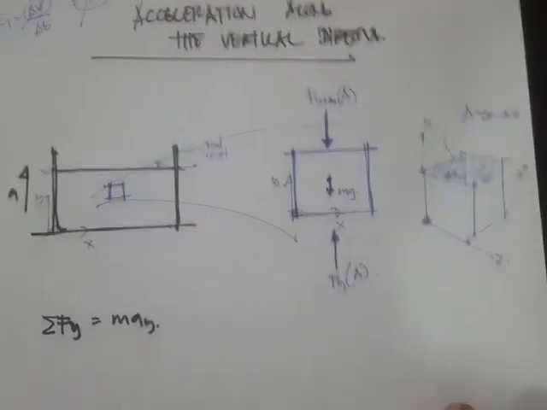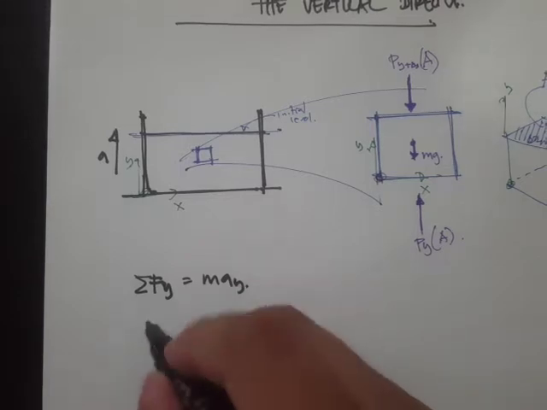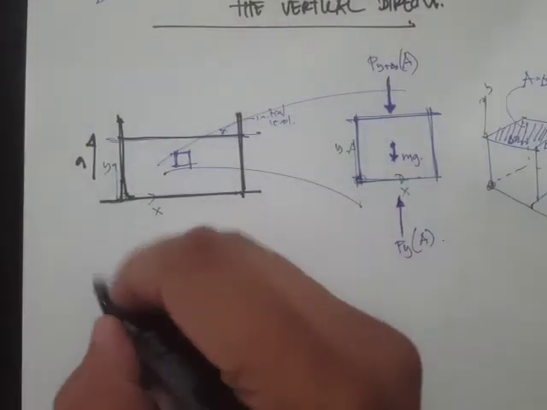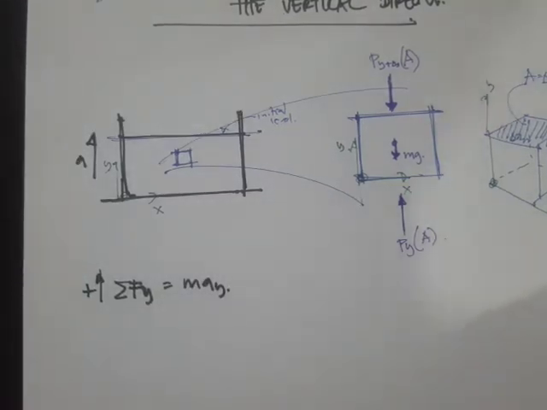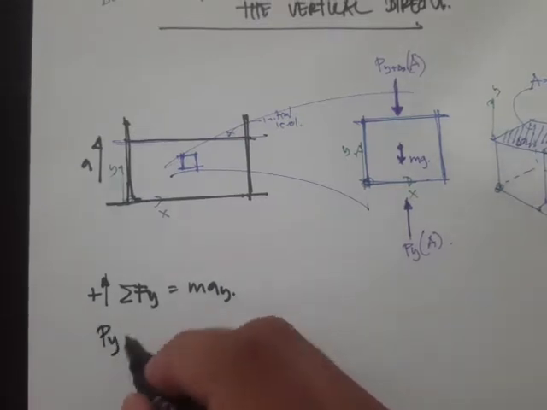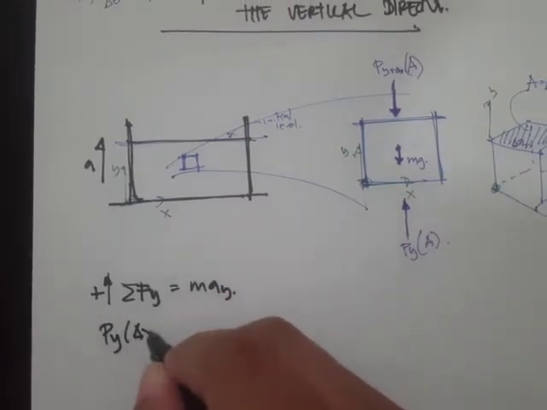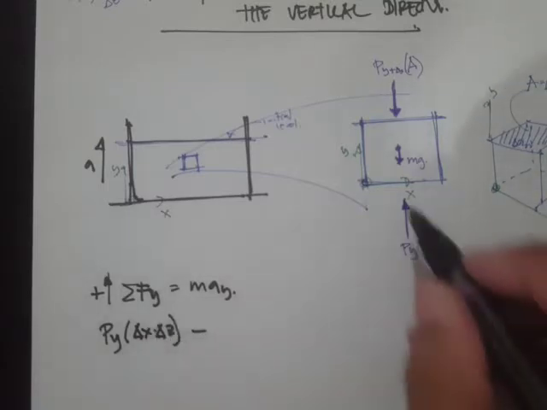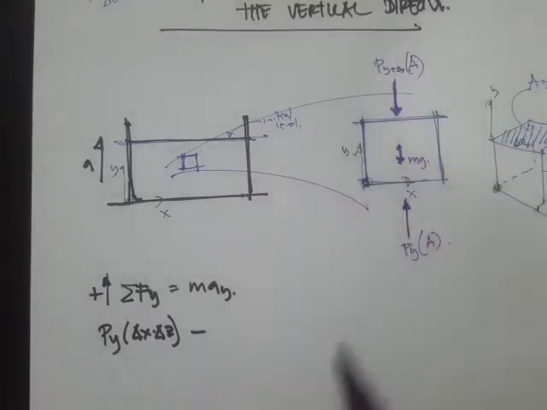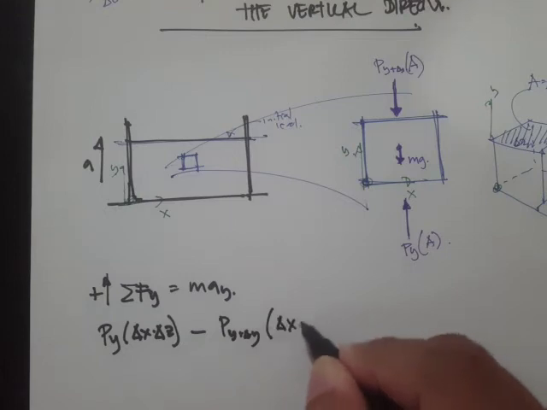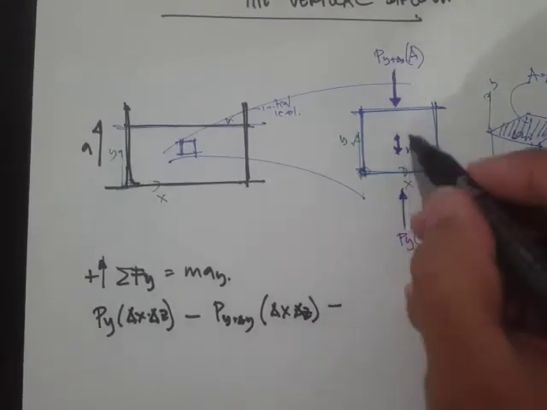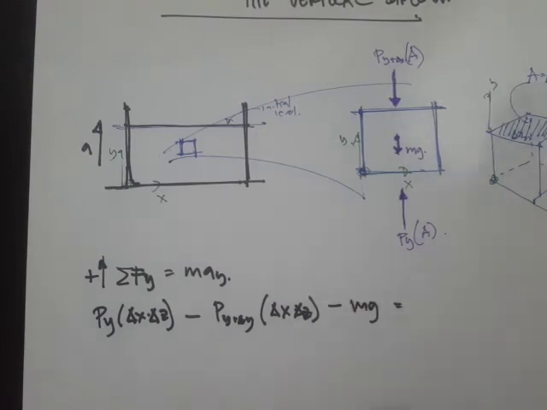Now let's write the equations. The summation of forces y, and let's assume that upward is positive, so anything going downward would be negative. So p sub y times the area, delta x times delta z, minus p sub y plus delta y times delta x times delta z, minus this force mg, is equal to mass times the acceleration along the y direction.